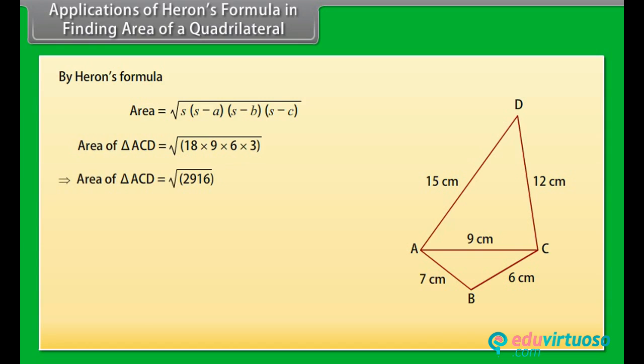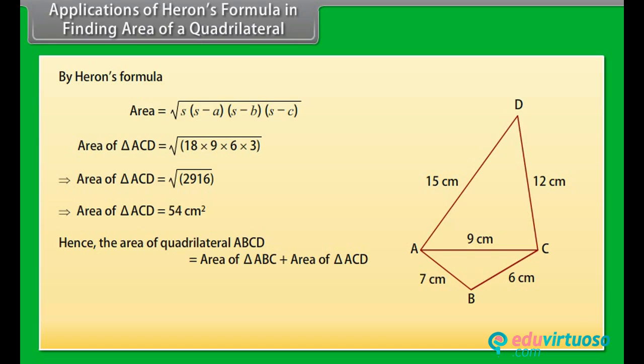By solving it, we get area of triangle ACD is 54 centimeters square. Hence, the area of quadrilateral ABCD is equal to area of triangle ABC plus area of triangle ACD, which is 20.98 plus 54. Therefore, the area of the quadrilateral is equal to 74.98 centimeters square.